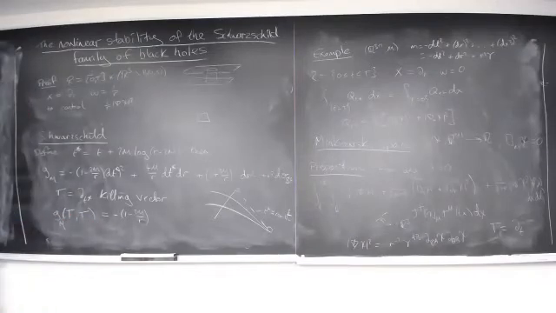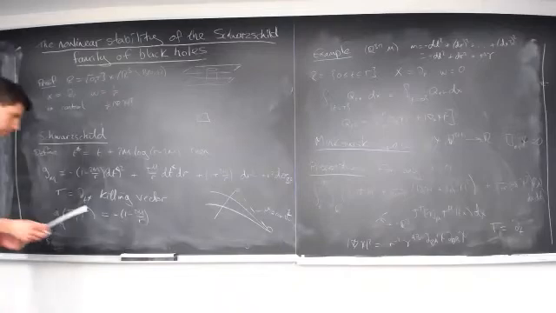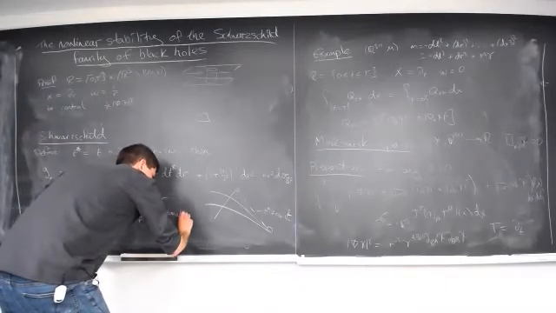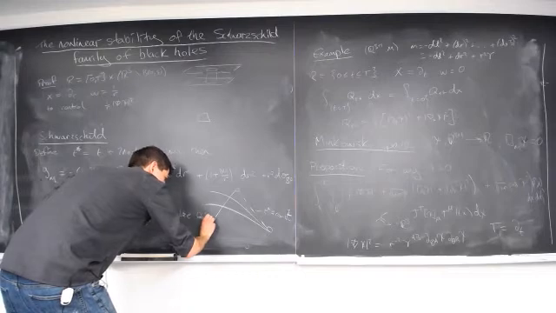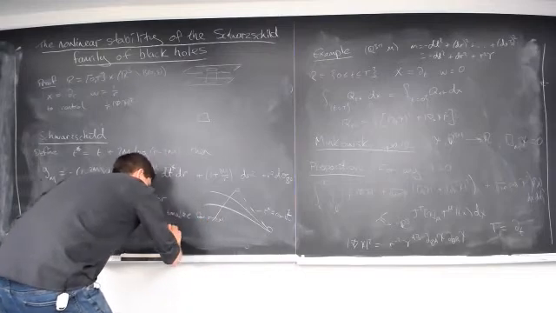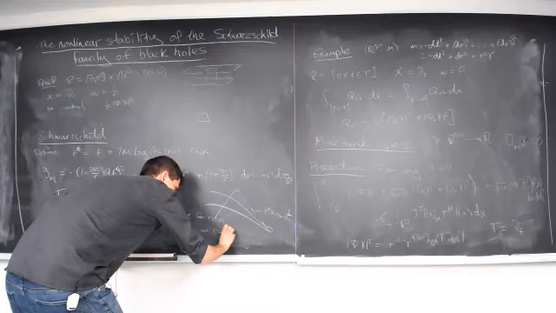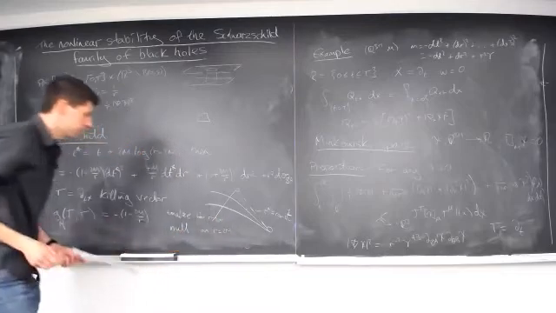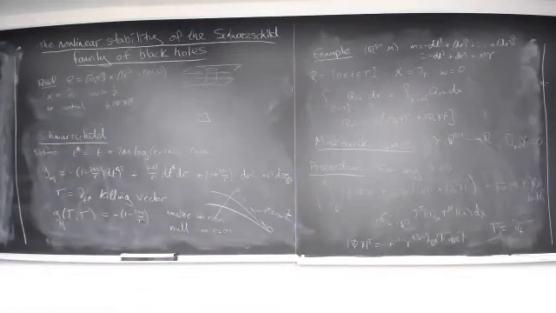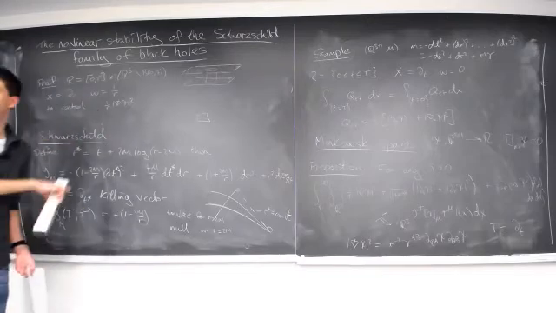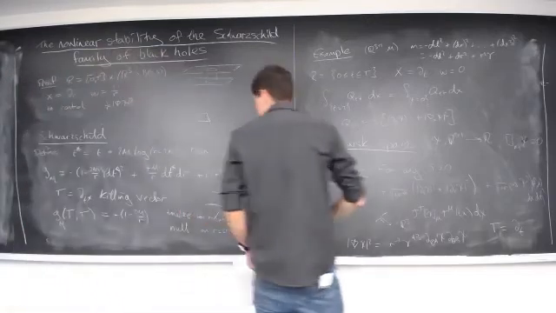However, it becomes null on the event horizon. So the first thing we could do in Schwarzschild is use this Killing vector as a multiplier.